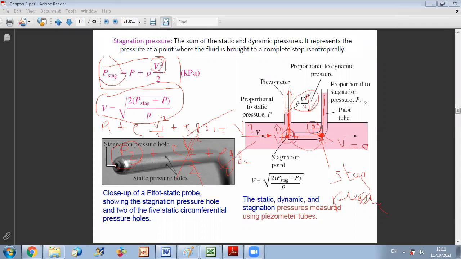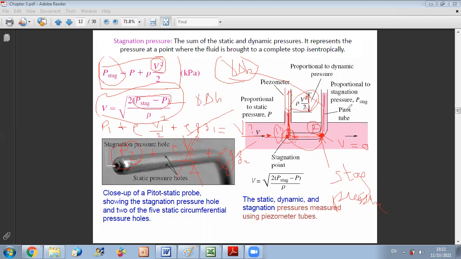Of course you will know the nature of your liquid here, so this delta P will correspond to gamma times delta H between the two tubes. So you can consider that gamma delta H will give you a measurement of rho V square over 2. You can replace P stagnation minus P by gamma delta H in this equation, and then you will be able to measure your velocity.